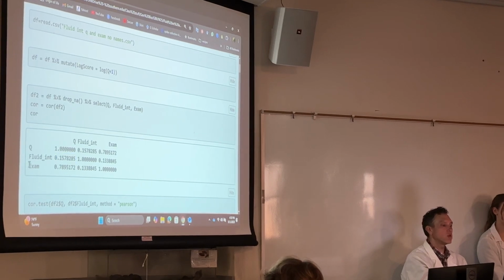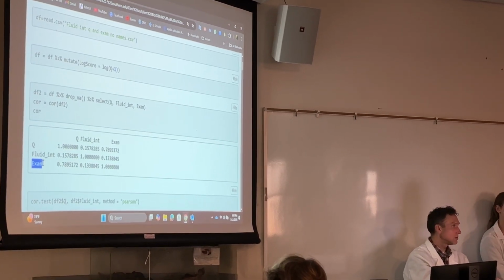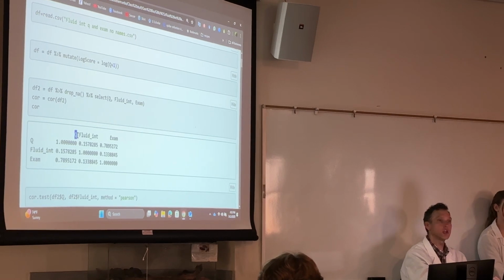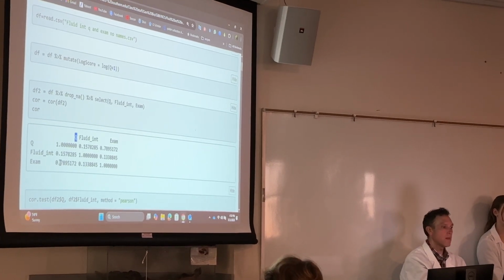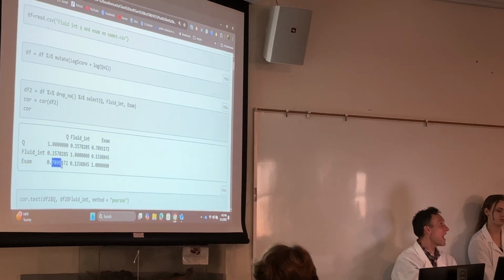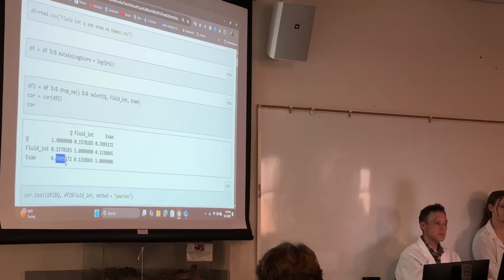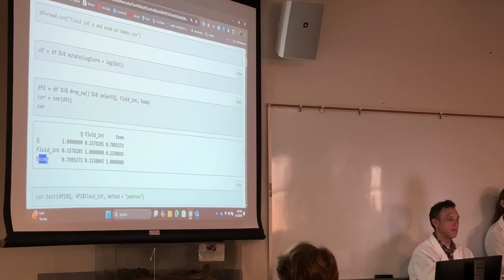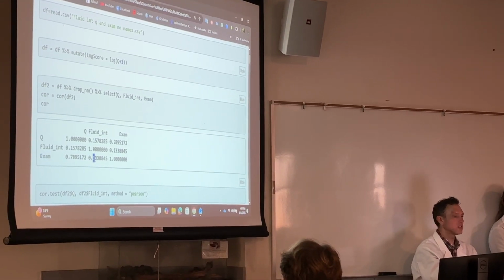How related is your exam total, how well you did on the exam overall, to how well you did on Q? Well, about 79%, okay? So those are highly correlated with each other. How well related is fluid intelligence to exam score? Only about 13%.